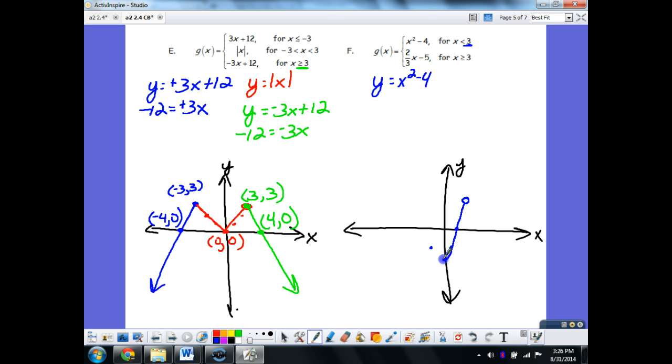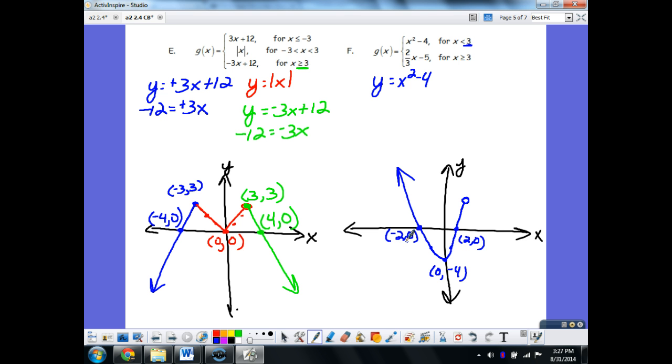So once again, we have this graph right here, and this point is the point (2, 0). So we'll label that. Here's the point (0, -4), letting x be 0. And this point, because we'd be at (1, -3), and (-1, -3), and (-2, 0).